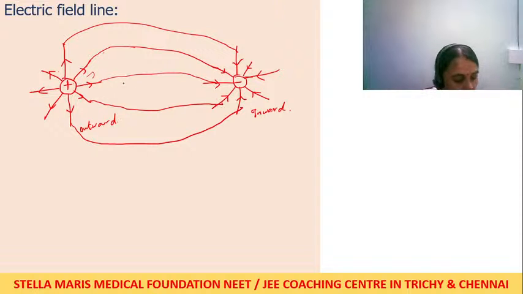So here we have considered positive and negative, opposite charges. Did you understand this electric field concept? Positive charges are radially outward, and negative charges are inward.